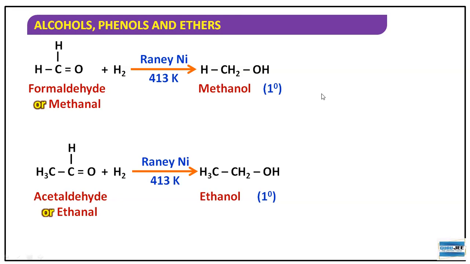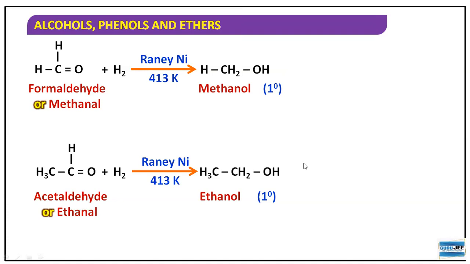Amrita? Yes, Ashwin. Ma'am, what does that methanol 1 degree represent? First degree. It is a primary alcohol. Methanol, ethanol, etc. are all primary alcohols because this OH is getting attached to a carbon atom, and that carbon atom is getting attached to either no other carbon atoms or only one other carbon atom.